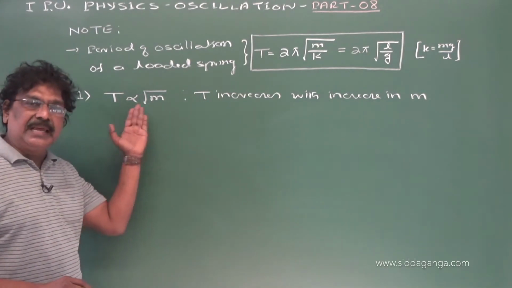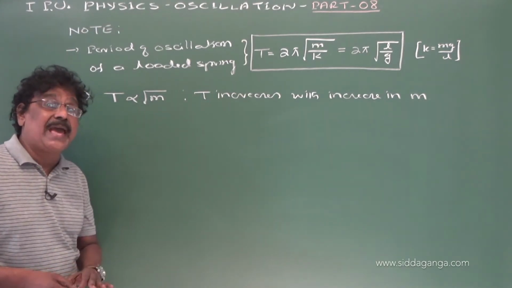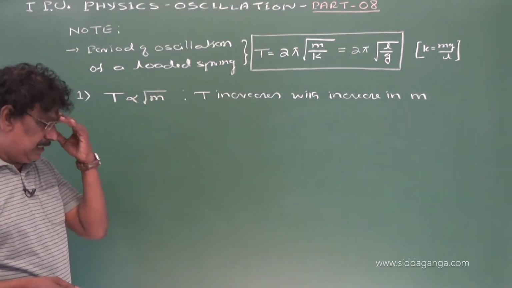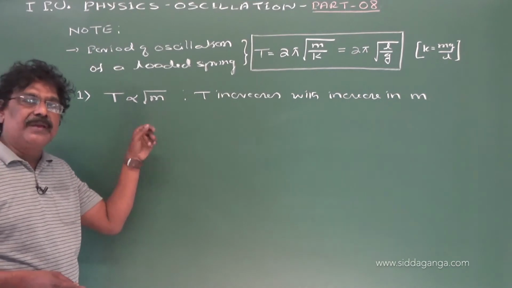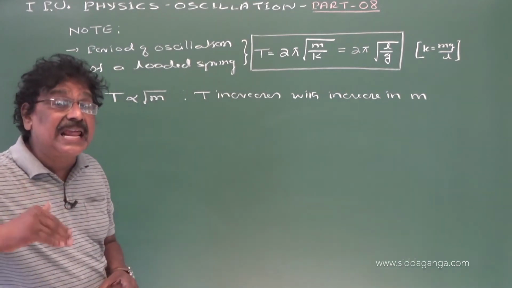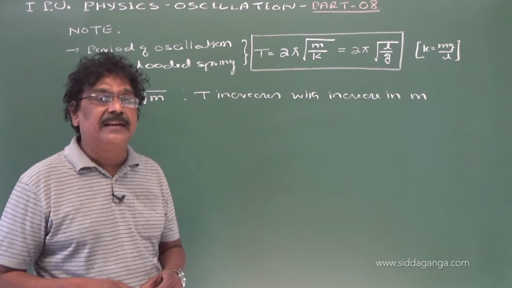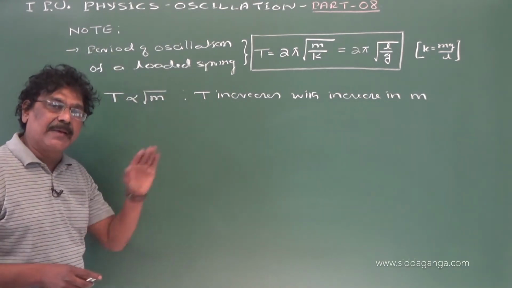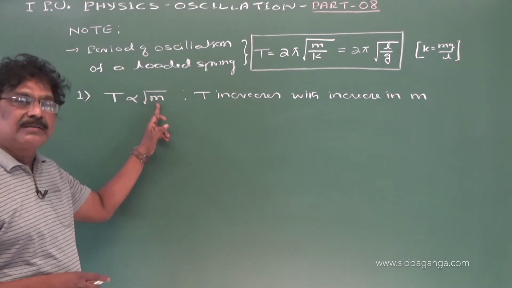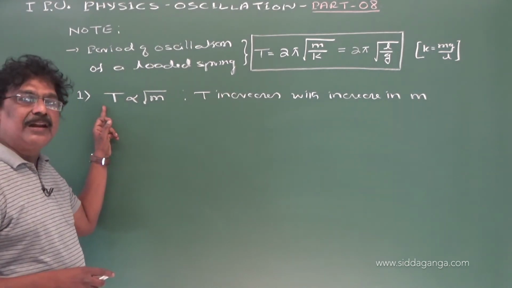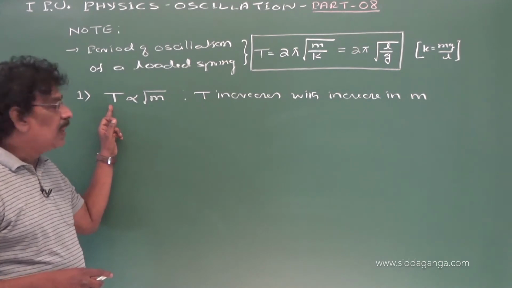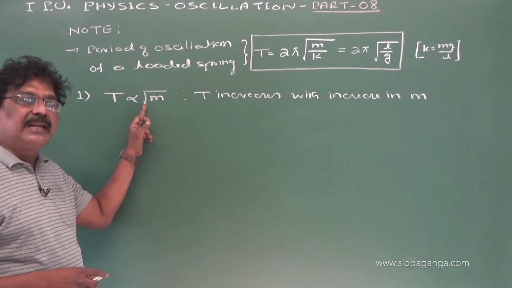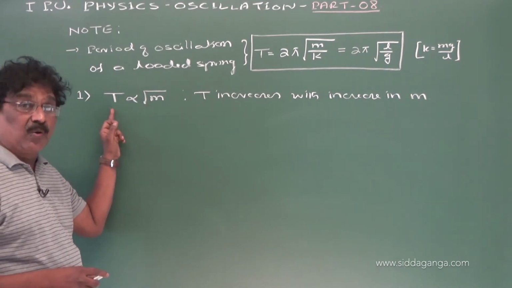So T is directly proportional to square root of m, meaning if the value of m is increased by n times, then T increases by square root of n times. Suppose if we double the mass, then the T value increases by root 2. If we increase the mass by 4 times, then T increases by square root of 4, that is equal to 2 times.